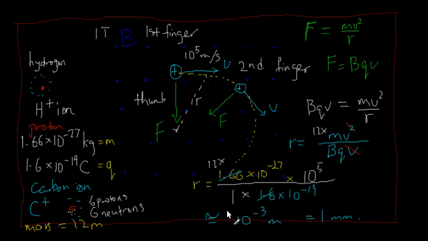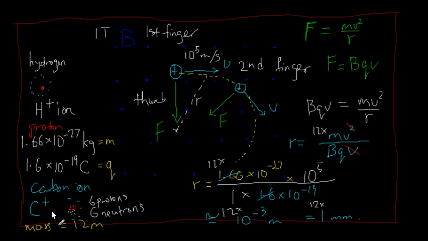So my answer would end up being 12 times bigger. Instead of the 1 millimeter radius I got for the hydrogen ion, the answer is now 12 millimeters.